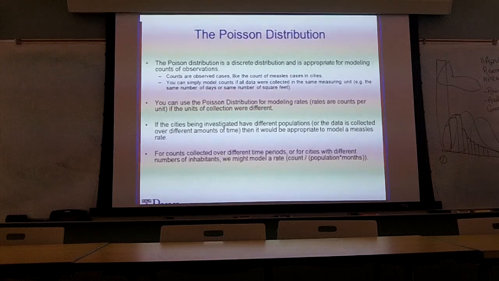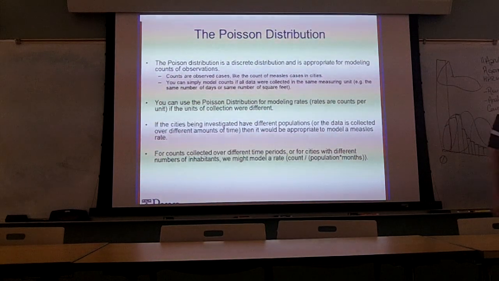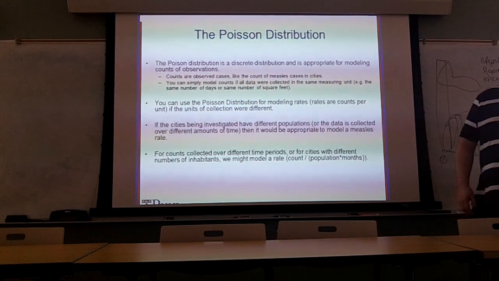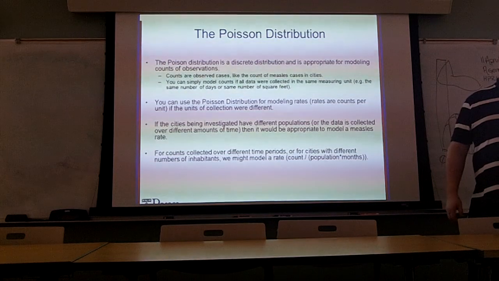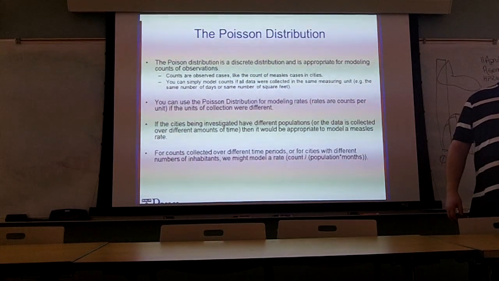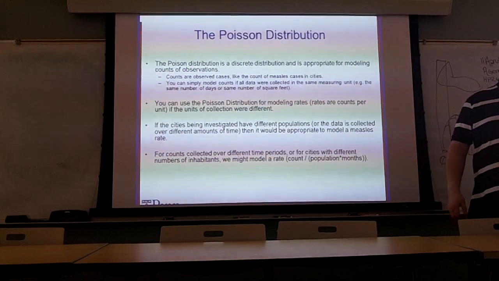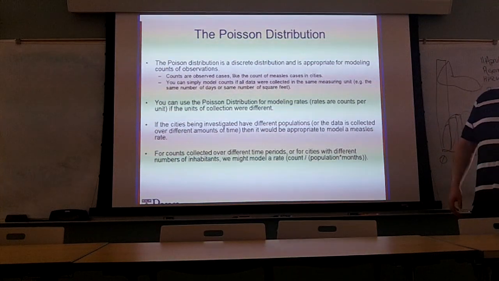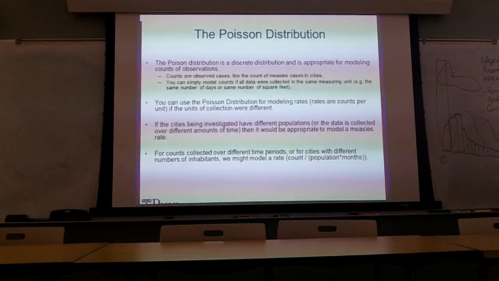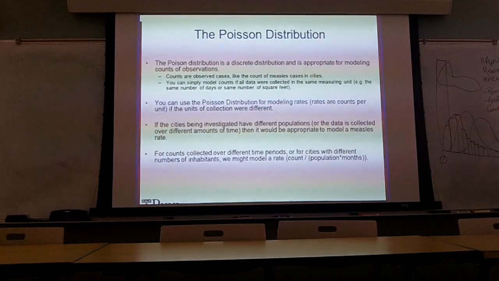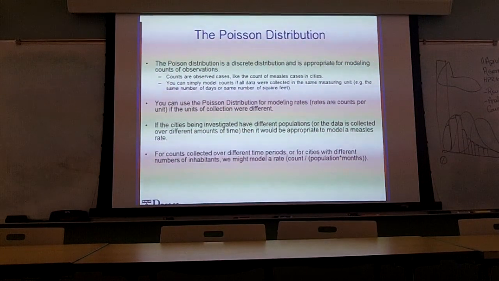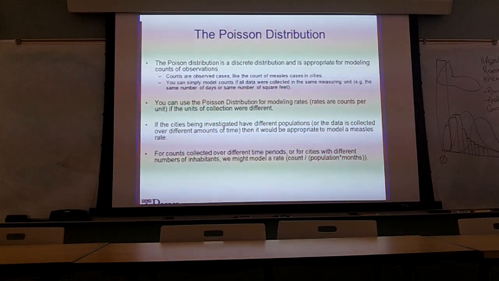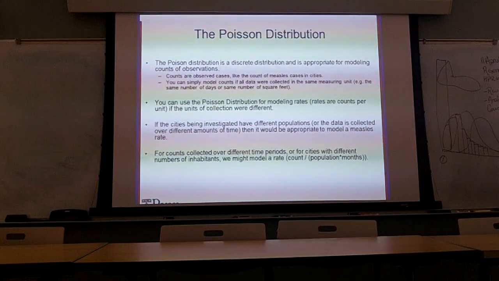But doesn't it no longer become discrete if you're doing rates? Yeah, but it's going to be an actual and expected number over some denominator. So the rate is the same thing, like what if it's 100 per year? Does that violate what you were saying before about the mean being 5?